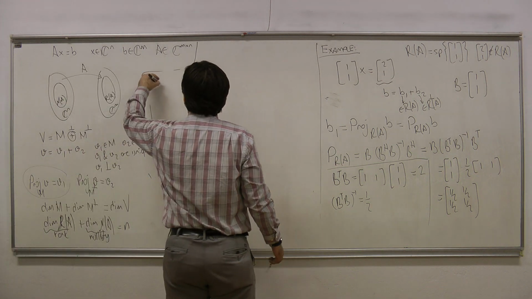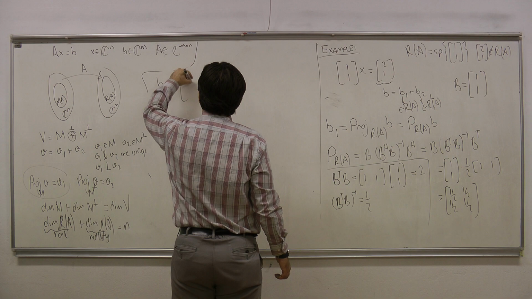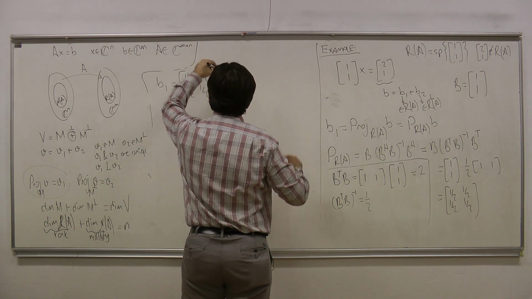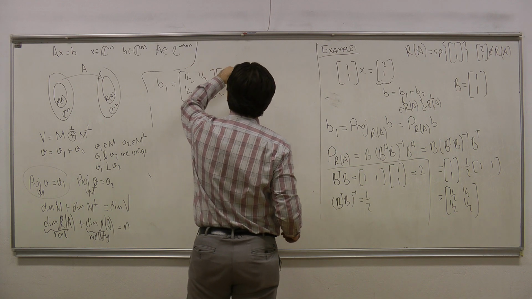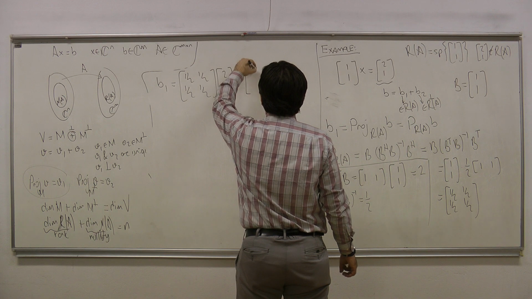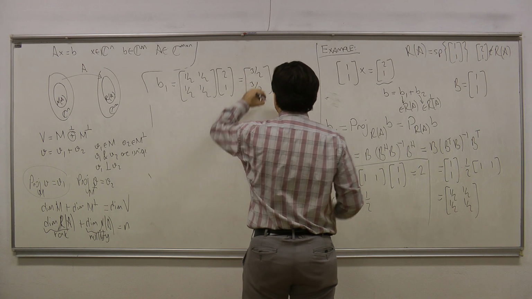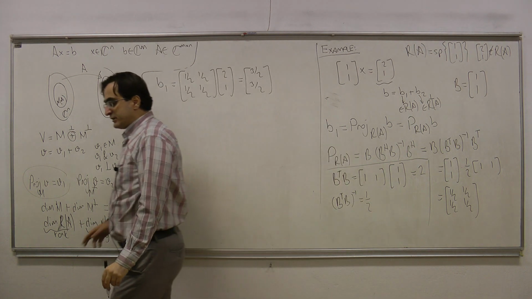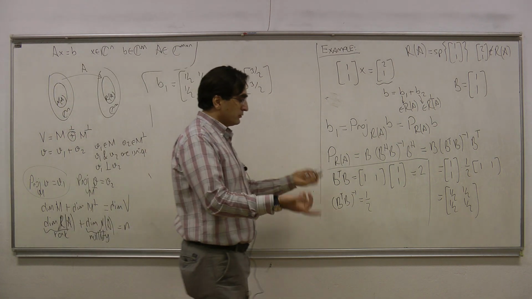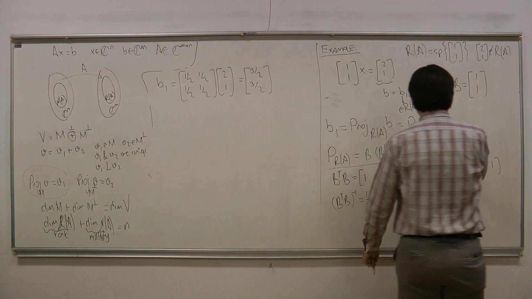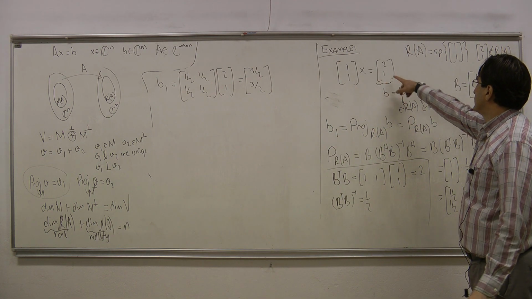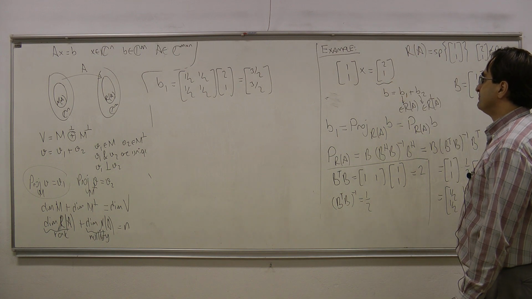So B1 is the projection matrix times that B, which is (2, 1). This is going to be just 3 over 2 and 3 over 2. Is this inside the range space of A? It has to be, because we made a projection onto the range space of A, and that is the closest vector inside the range space of A to this vector.